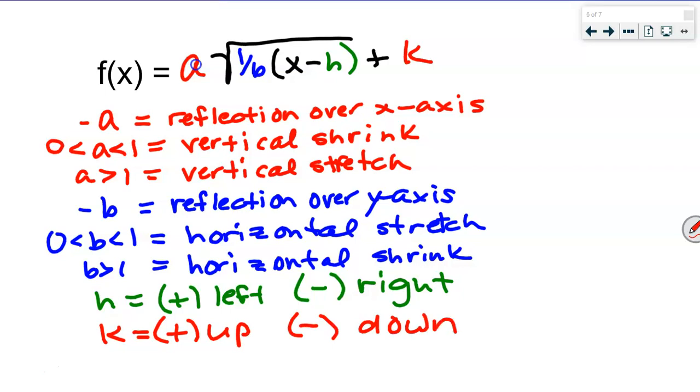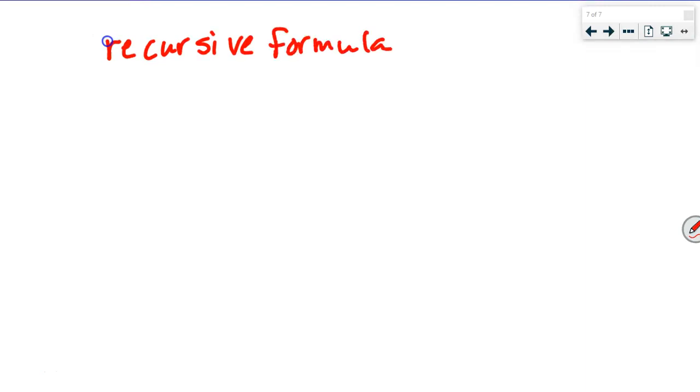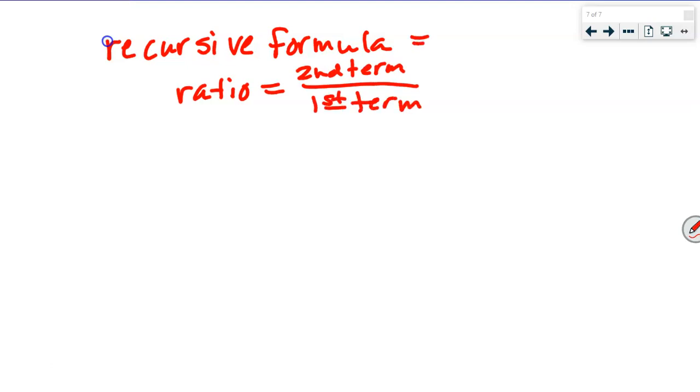Okay? So I have one more thing I'd like to talk to you about, and that is what was on the Unit 12 test. When it talks about the recursive formula, a lot of you missed this on that test. What it's talking about is us taking our ratio, and we get our ratio by taking our second term and dividing it by our first term. So when we do this, it's going to be the ratio times a to the n minus 1.